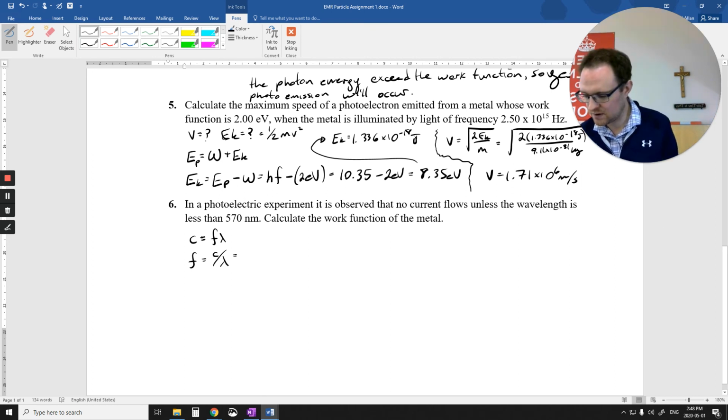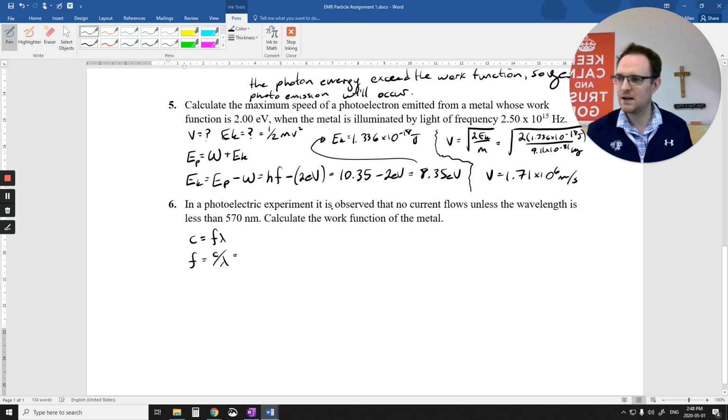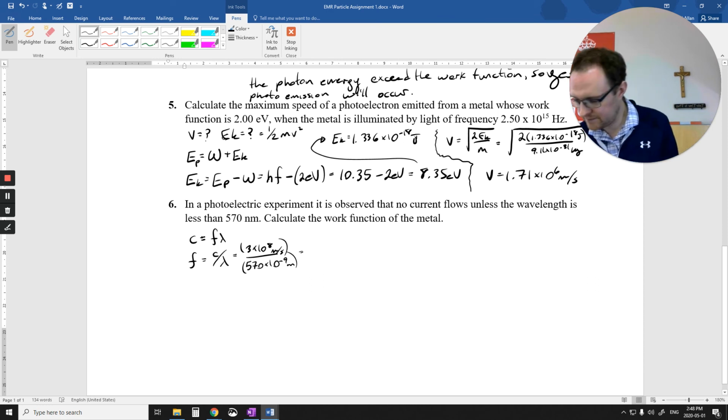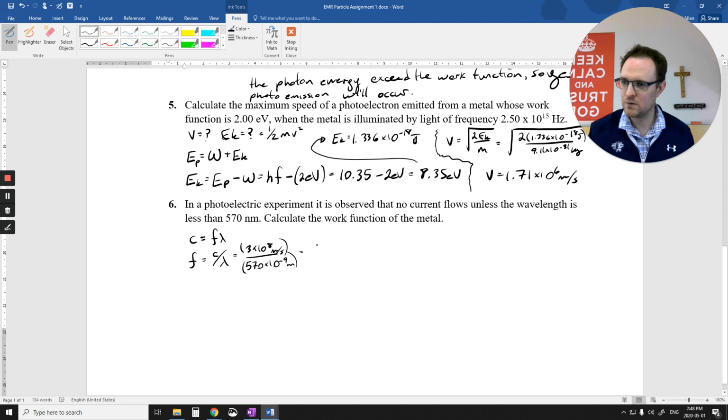So I'm going to go 3 times 10 to the power of 8 divided by my wavelength. I'm going to change that into regular meters. So I get a frequency of 5.26 times 10 to the 14 hertz.